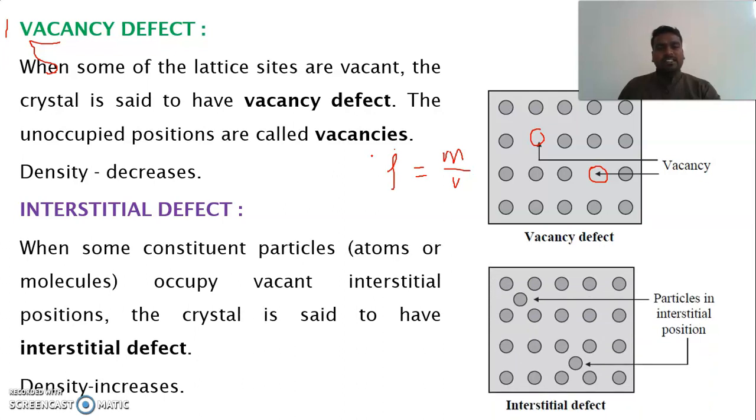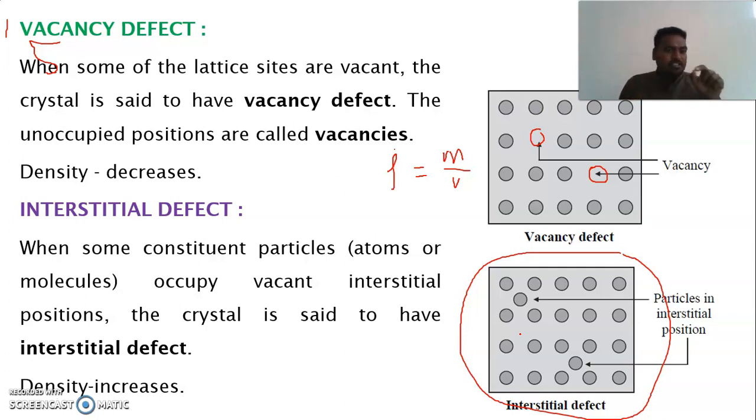Next one is interstitial defect. In this defect, no ions are missing. Instead, please observe this unit cell, this crystalline lattice. There is an interstitial position. Let us consider a room. In a room, if I allow you to fill it with balls, for example cricket balls, it is not possible to occupy the entire volume with the cricket balls.